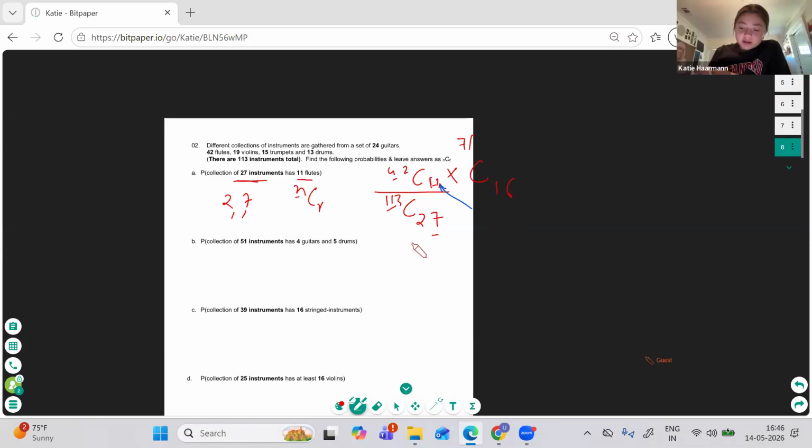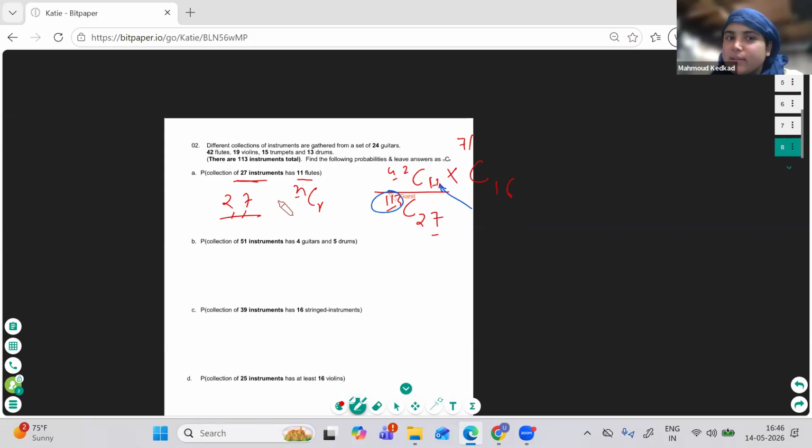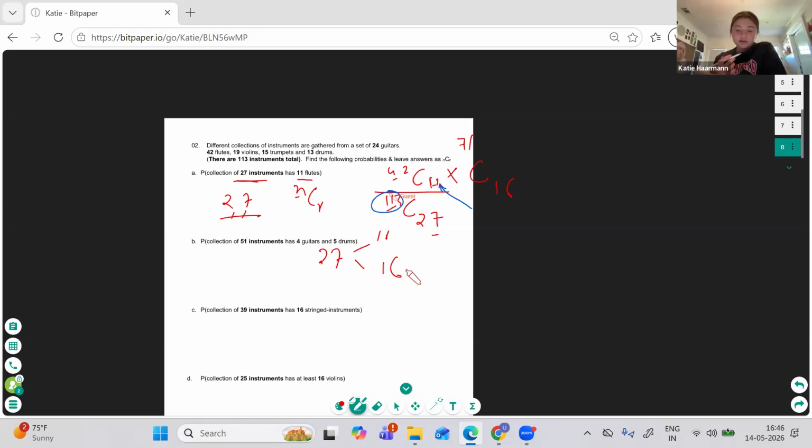Wouldn't you just subtract 11 from 113 though and not 42? I subtracted 11 from 27 because you're selecting a total of 27 instruments. From among those 27, you've selected 11, so how many do you need more? That's 27 minus 11, so 16.